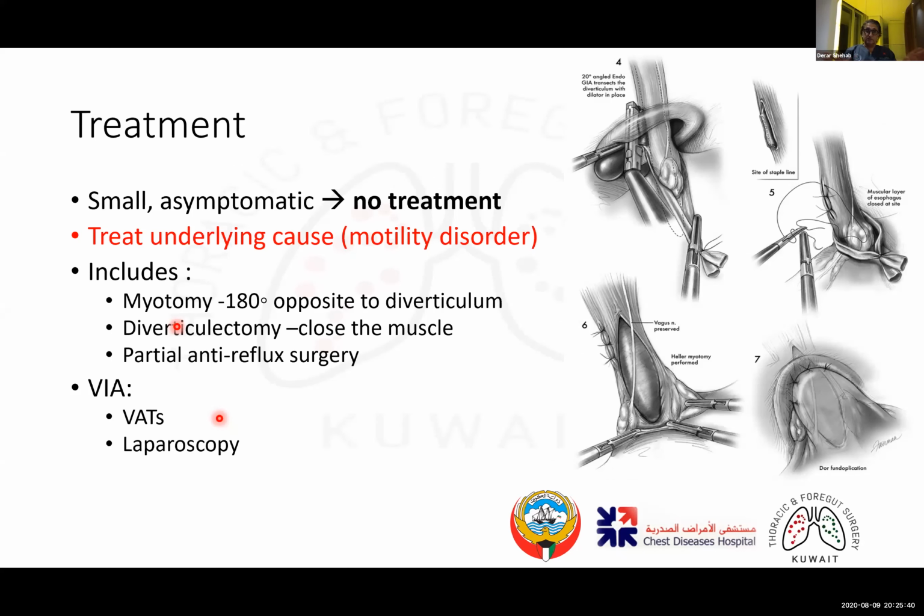So the treatment of epiphrenic diverticulum: if it is small and asymptomatic, no need for treatment, just watch those patients. But if they are symptomatic, then you have to treat the diverticulum and treat the underlying motility disorder. The treatment is usually resecting the pouch, and opposite to your resection, always do a myotomy, 180 degrees opposite to your diverticulectomy, and then always conclude your procedure with a partial anti-reflux surgery or partial fundoplication.